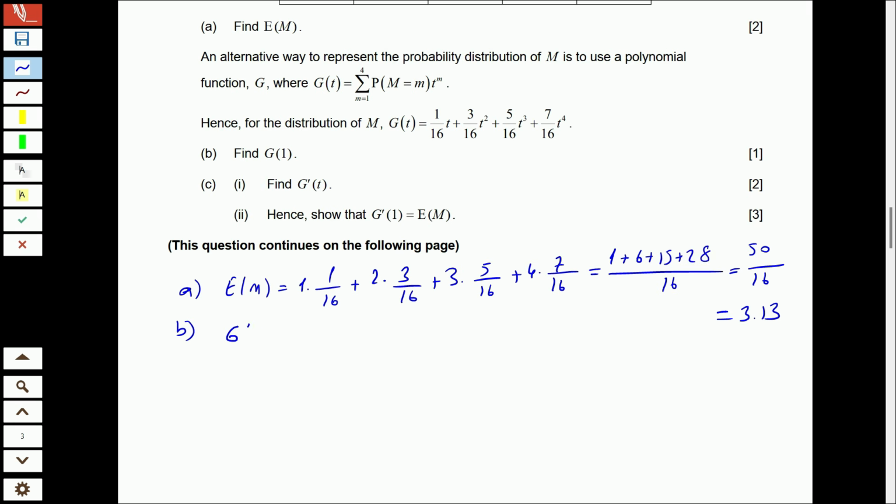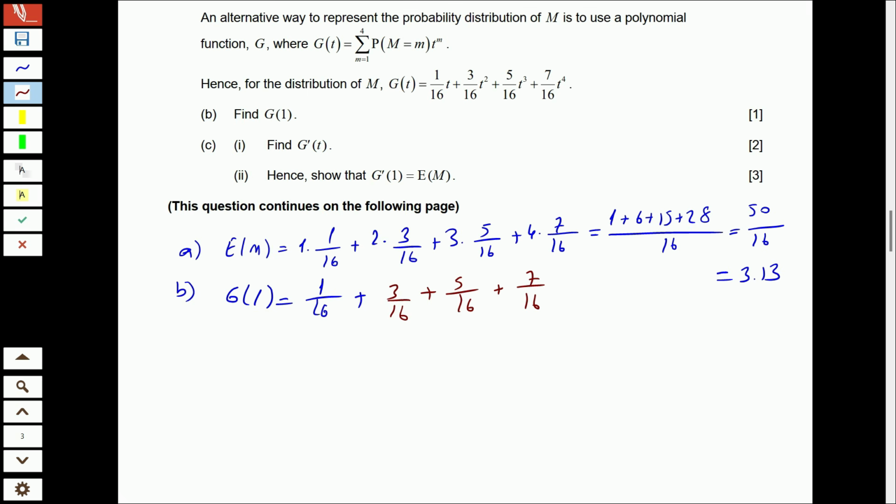So g(1) equals 1 over 16 plus 3 over 16 plus 5 over 16 plus 7 over 16, which is 16 over 16, which is 1.